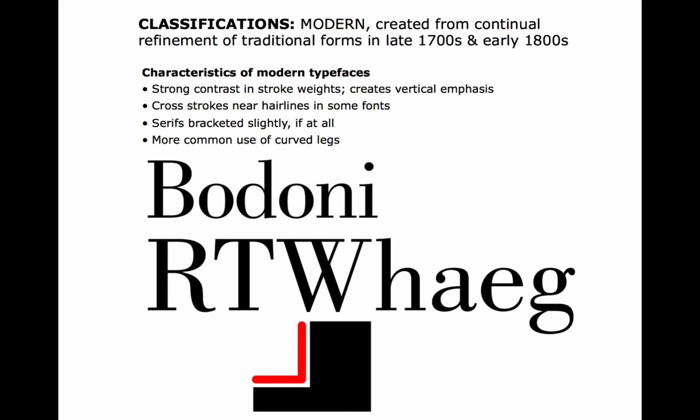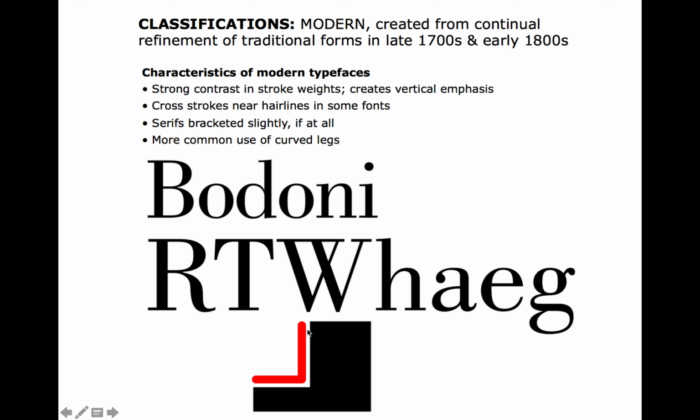Now with modern letter forms, these were created from continual refinement of traditional forms in the late 1700s and early 1800s. But they had also a strong contrast in stroke weights. They created vertical emphasis here. The cross strokes near hairlines in some fonts became very, very thin.